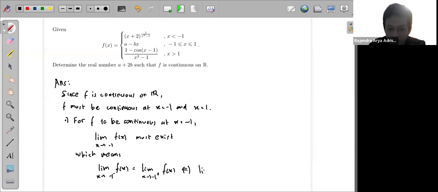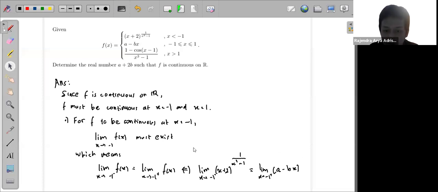So substituting the definition of f for each side, we have this. And when x approaches -1 from the right, we use the one in the middle.